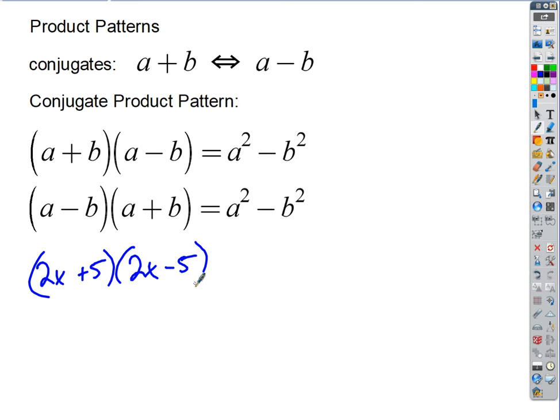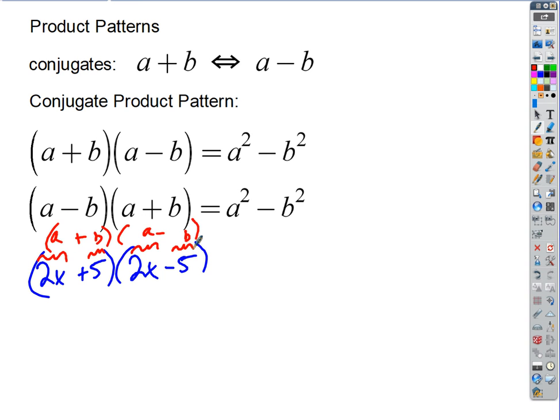So the a is the 2x, right? So all that stuff is a, 5 is b. So I end up with a plus b times a minus b.